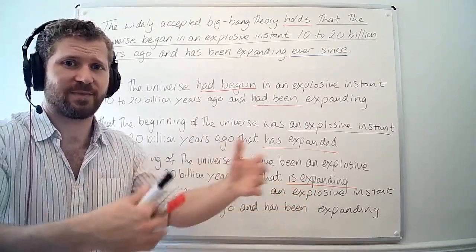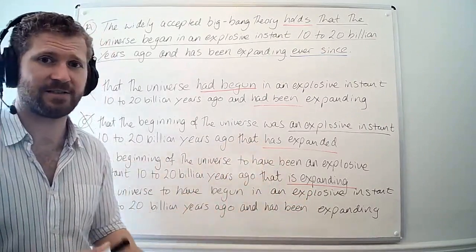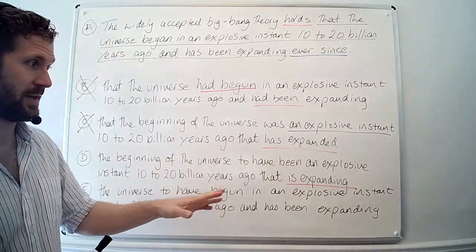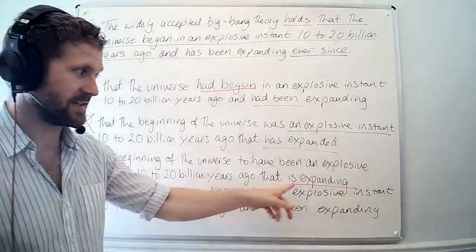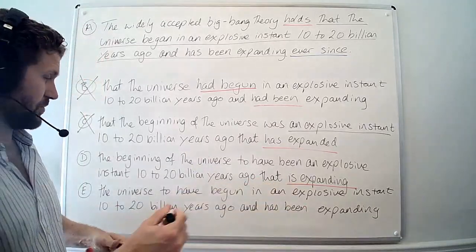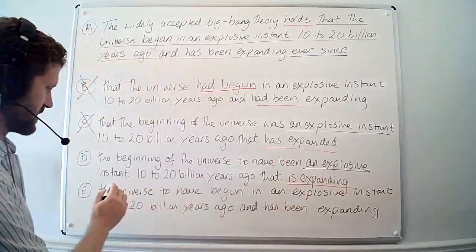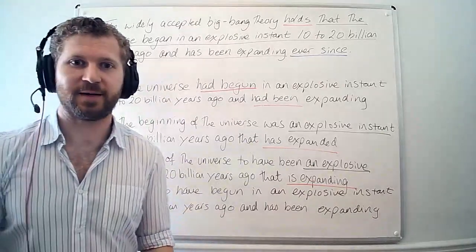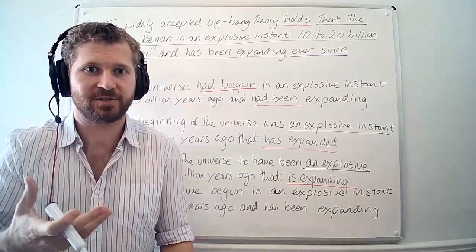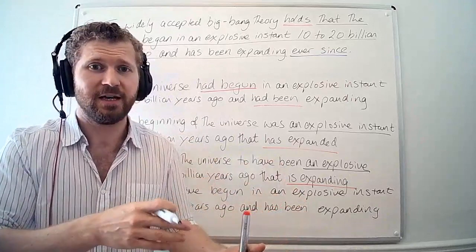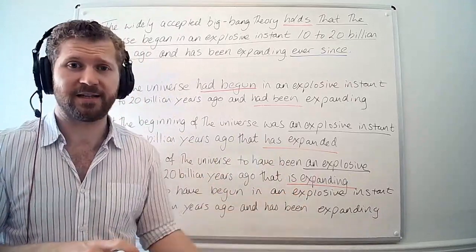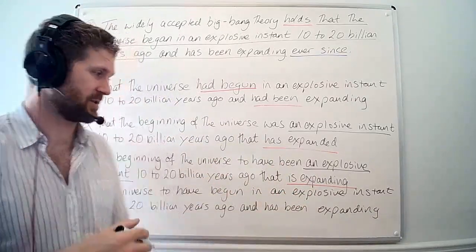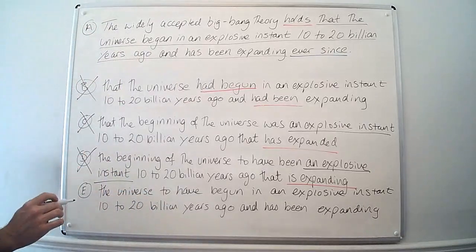So just in terms of matching the tense to the context of the sentence, that doesn't work. But then if we look at, again, we've got that "is expanding." We're back to the explosive instant is the thing that is expanding. And again, we're looking for the universe to be expanding, not the explosive instant. So D, just looking at this bit at the end, gives us a couple of reasons to cross it out. And so we'll get rid of D.